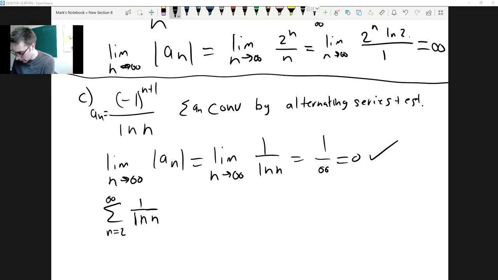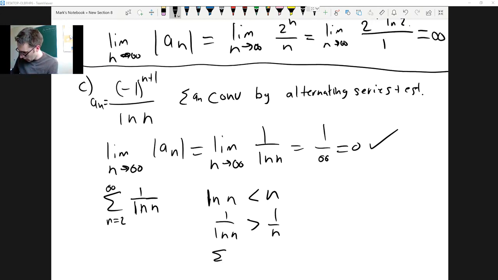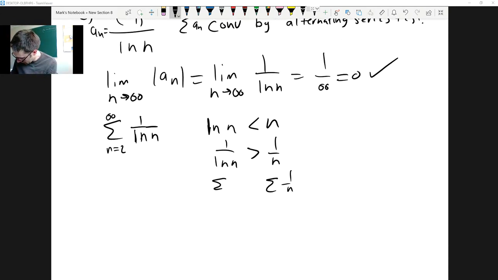And the comparison that we can make is that log n is less than n, which means 1 over log n is greater than 1 over n. And we know something about the sum of 1 over n. It diverges, right?